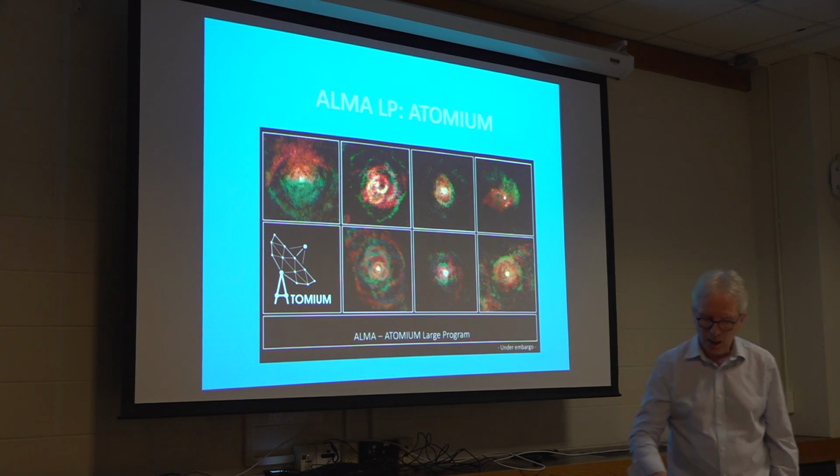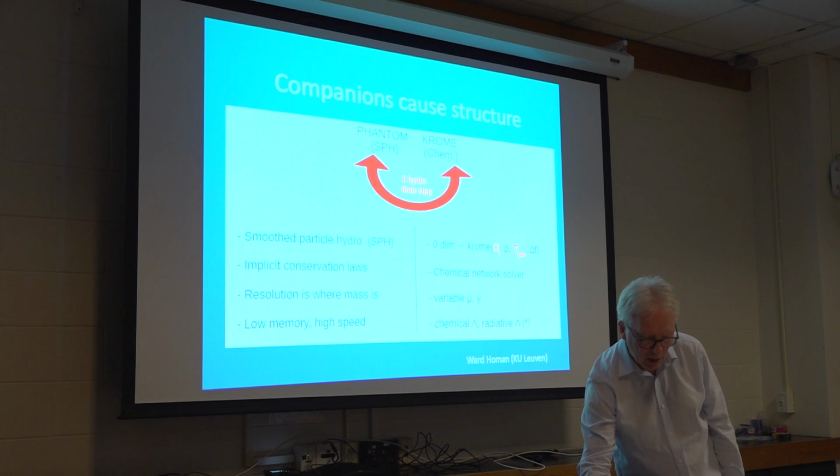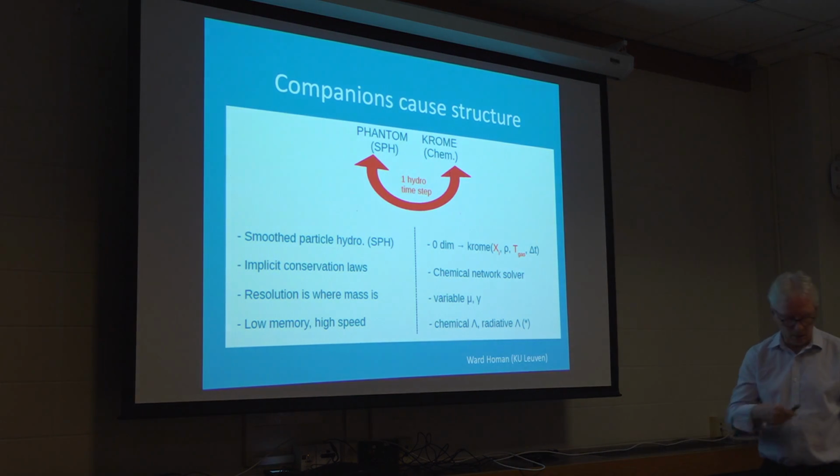And so a big challenge is to try and understand what's happening here, both in terms of the physics, why these structures arise, and how that affects the chemistry. So one of the members of the team, Ward Homan in Louvain, has been coupling a hydrodynamic code with a chemistry code to try and understand the processes that are occurring and where you can get these structures out.